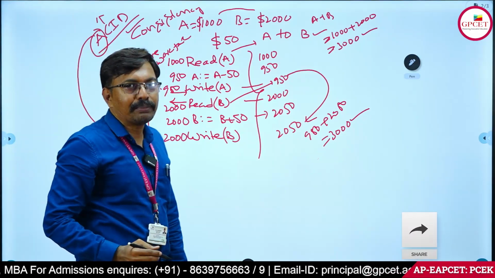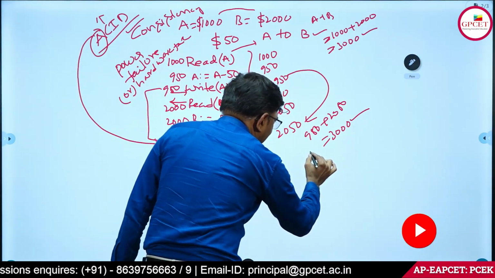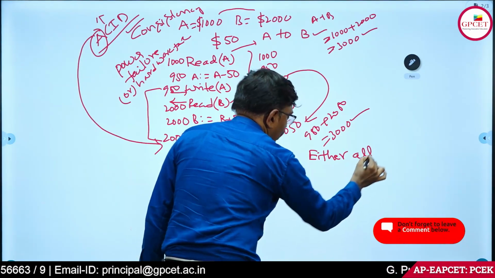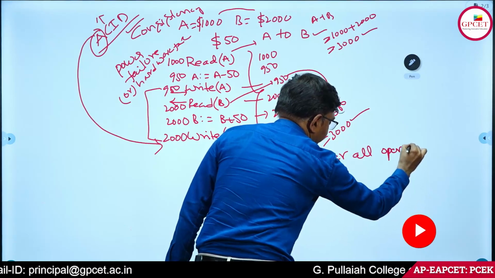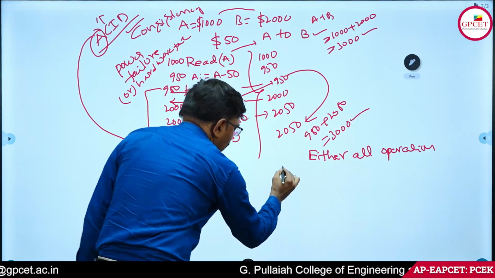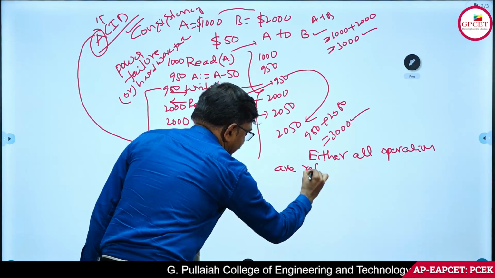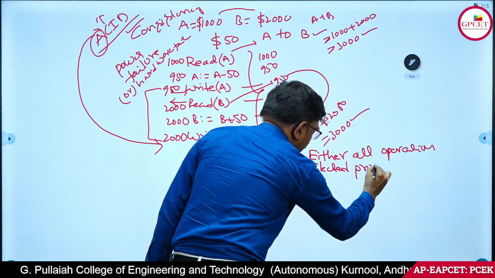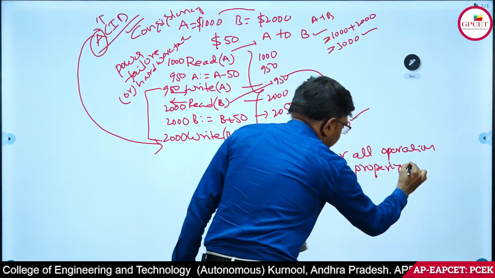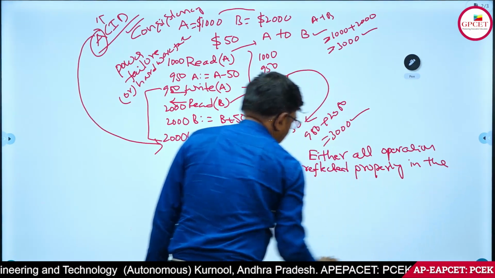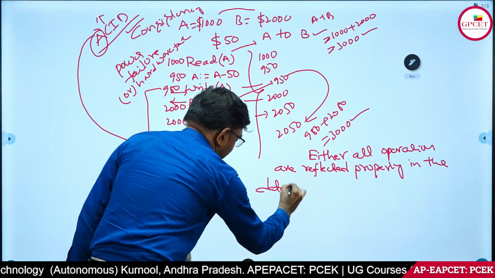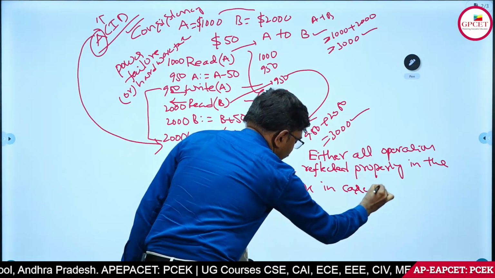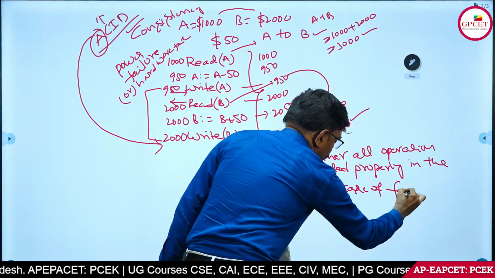Atomicity definition: either all operations are reflected properly in the database in case of failures.